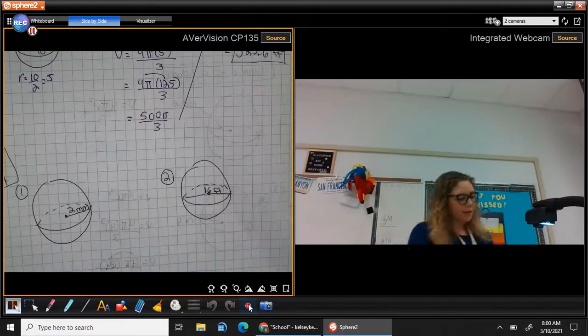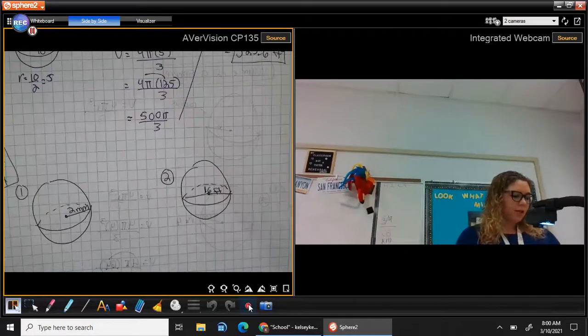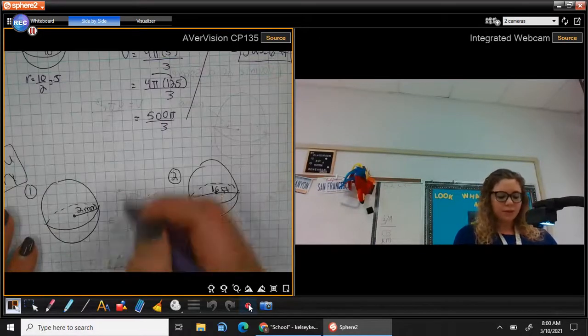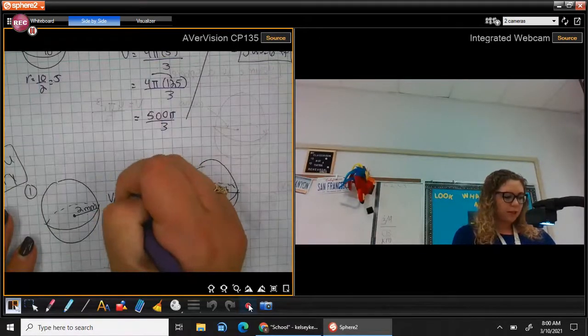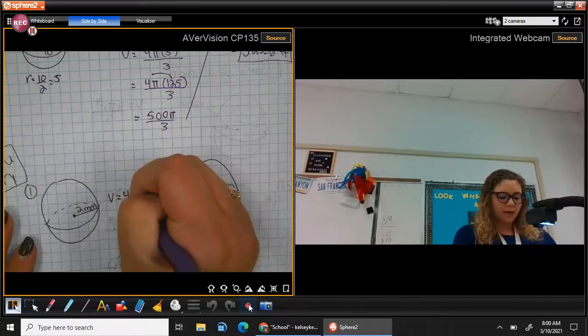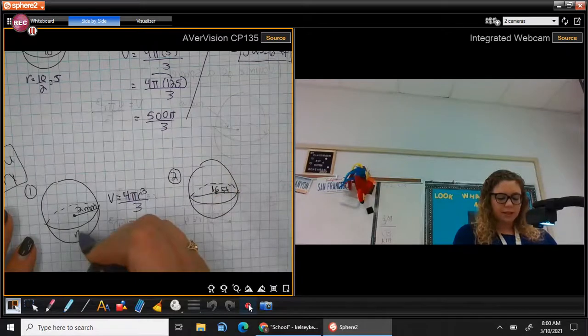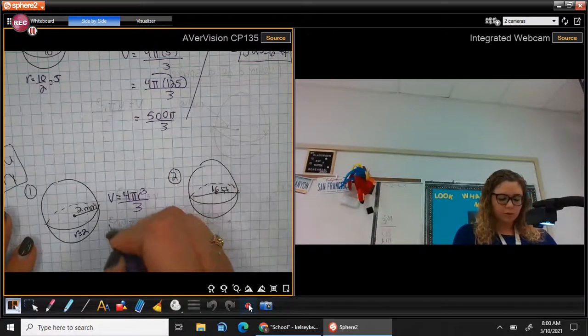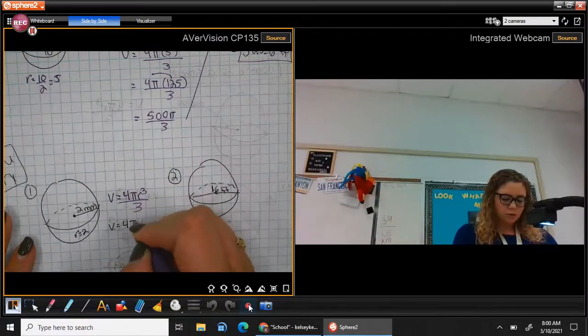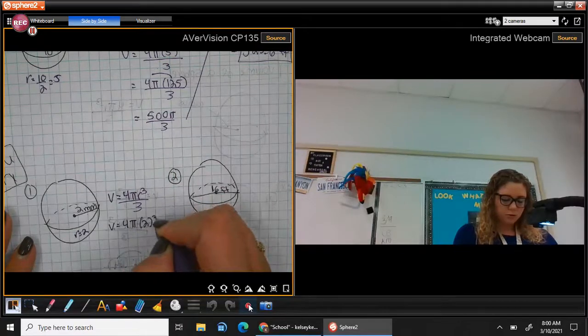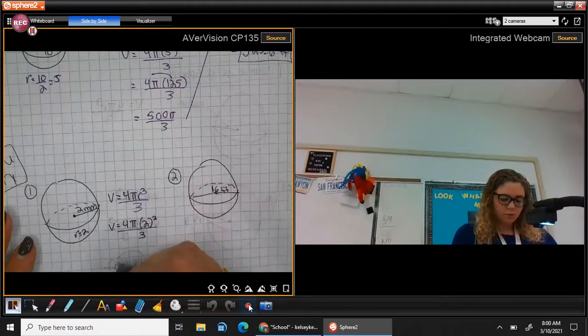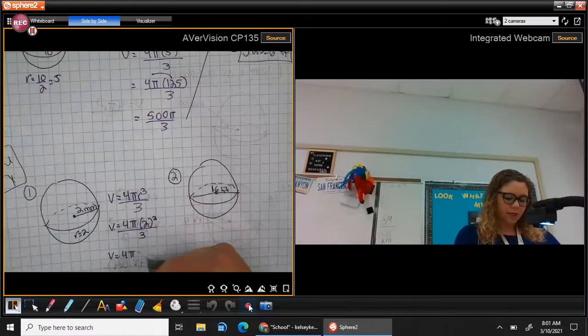Welcome back. Okay, let's do number 1. Again, I'm finding the volume. This is a sphere. So I'm going to use V equals 4 pi r cubed over 3. And my radius is 2. So I'm going to plug 2 in. Okay, 2 cubed is going to give me 8.